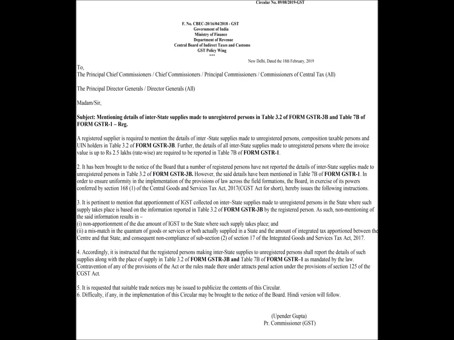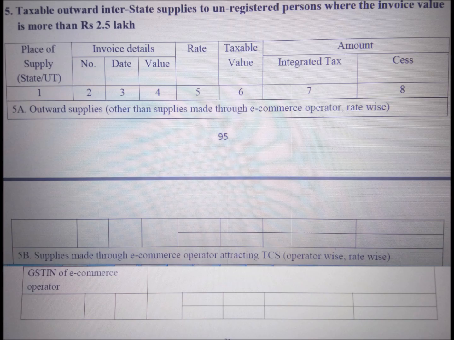For your information, I would like to tell you that supplies made to unregistered person is reported in 4 tables in GSTR 1 and GSTR 3b.